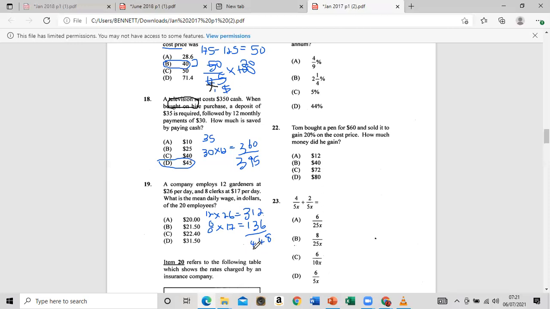And then we divide by 20. We get 2 and 2. So it must be this.